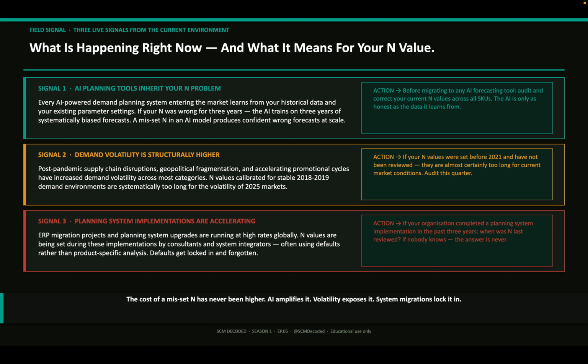For any organization that has gone through a platform migration or ERP upgrade in the past 3 years, when was the parameter last examined after you went live? It has to be checked. The consequences of a poorly calibrated parameter have never been greater. Automation scales it, market conditions expose it, and platform migration cements it. So look at your N very closely now.